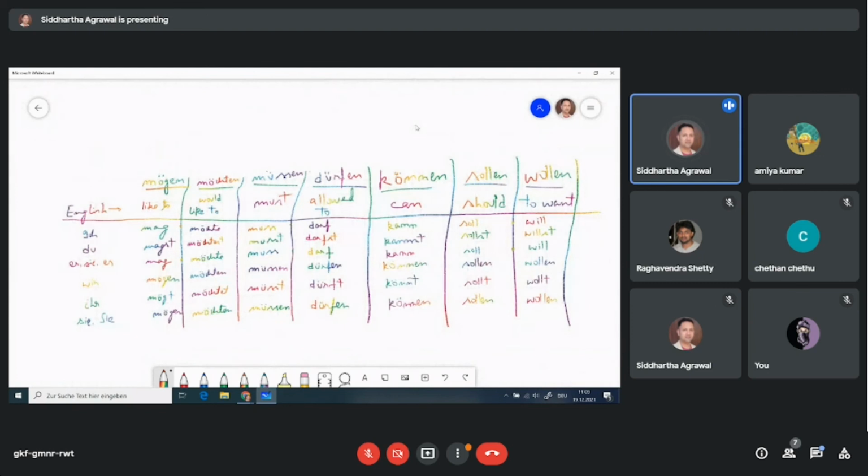Trust me, friends, if you just observe at least twice or thrice a day, you will find at least one of these modal verbs being used somewhere in your professional or personal life. So give extra emphasis and make sure that you spontaneously pick up the right modal verb in the right situation. Try to use dürfen as much as possible because that will give you higher success rates.